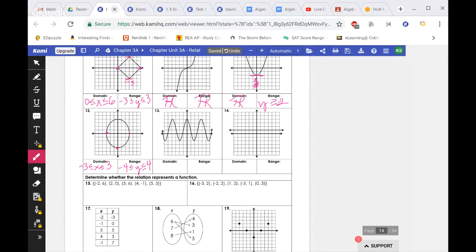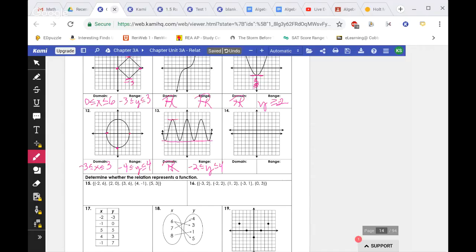And then this one is going to be all real numbers for the domain because it's going to continue on into infinity, negative infinity all the way into positive infinity. But we have some stopping points for our range. Our minimum point is -2, less than or equal to y. And our maximum point on the upper end of the scale is 4, so y is less than or equal to 4.